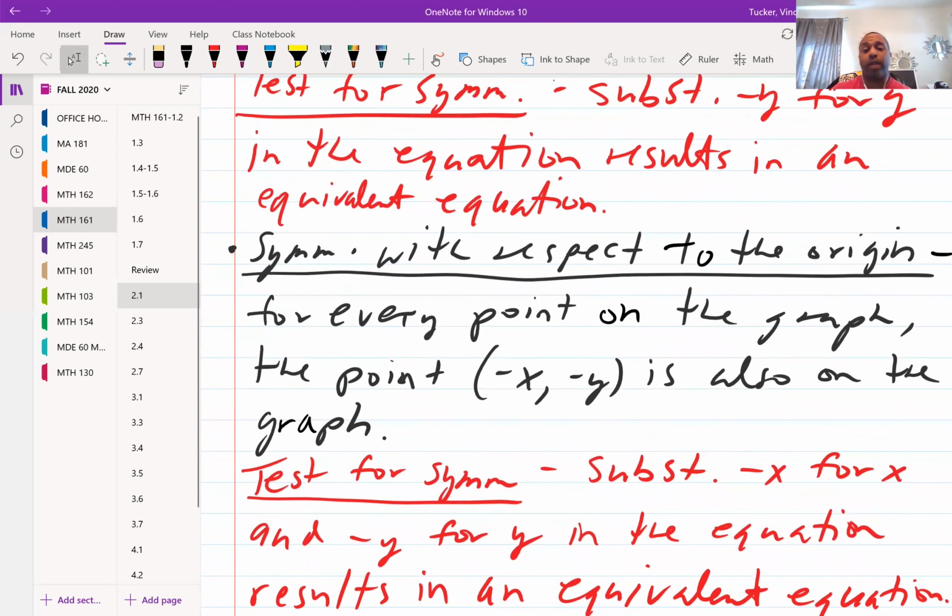The way we'll test for that is we'll substitute in negative x for x and negative y for y into the equation. And if it results in the original equation, then that means it is symmetric with respect to the origin.